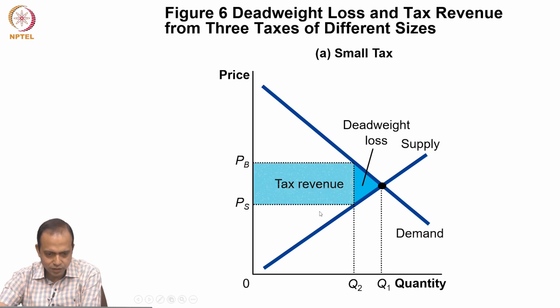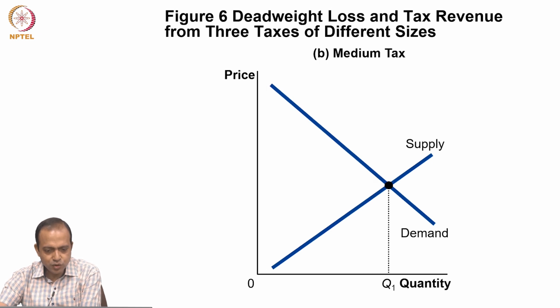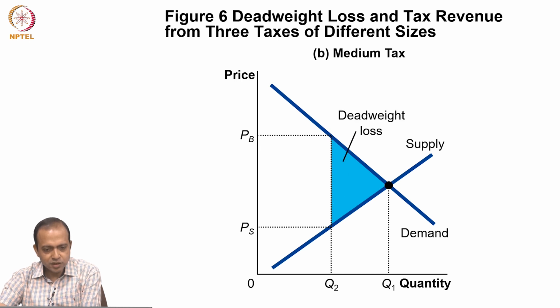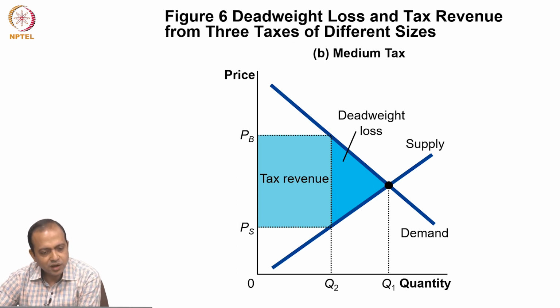Look at what is happening. This is tax revenue. Now, size of the tax is double what it was earlier. So, what is happening? Deadweight loss increased, tax revenue also increased. Okay.